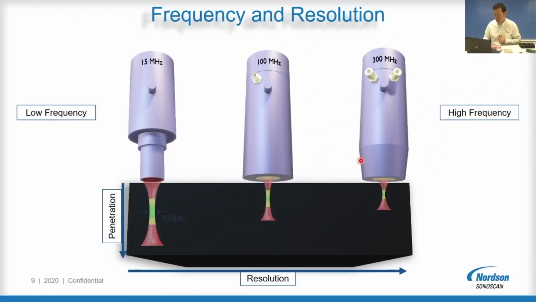Just step on to the next slide here. So this will explain a bit more clearly that the higher the frequency, the better the resolution. But there's a bit of a trade-off because you get more penetration with the low frequency compared to the high frequency. So depending on the application, depends on what frequency you select.